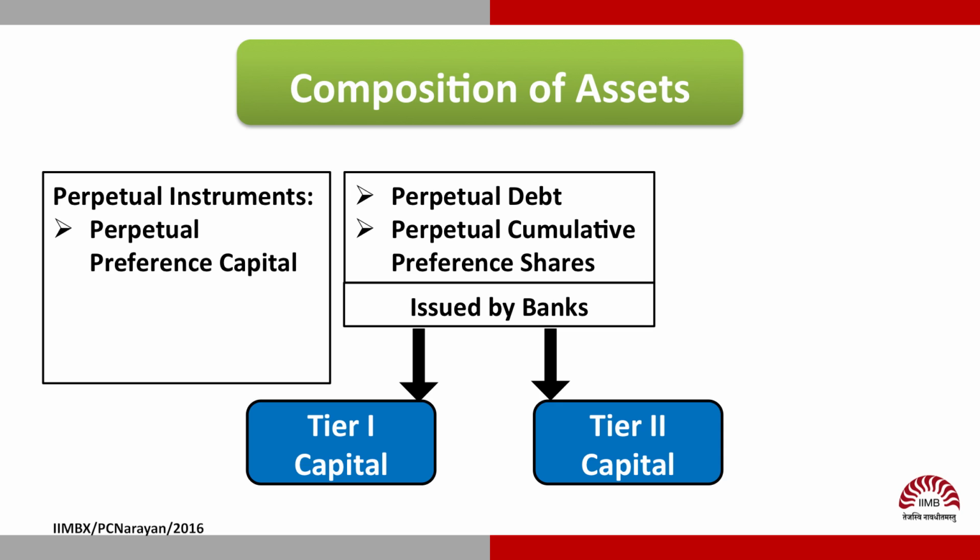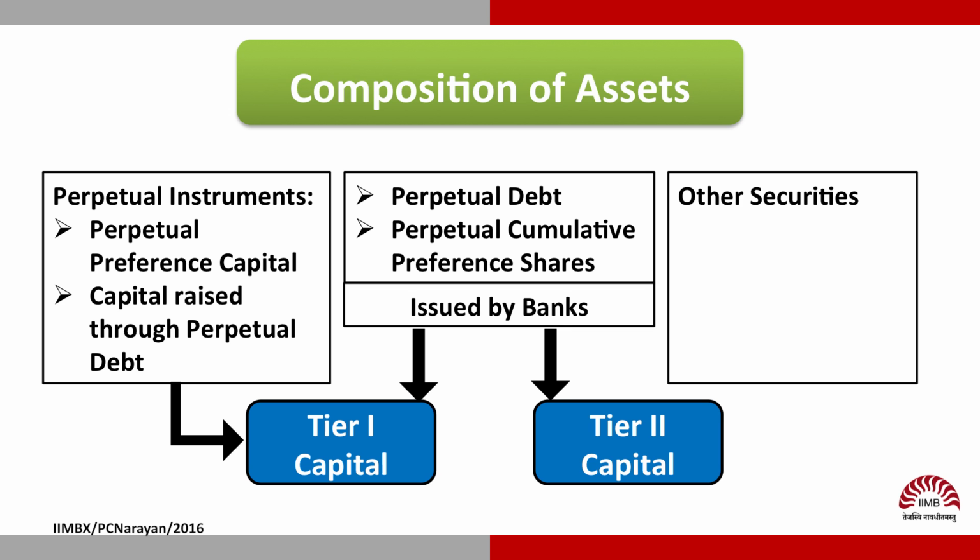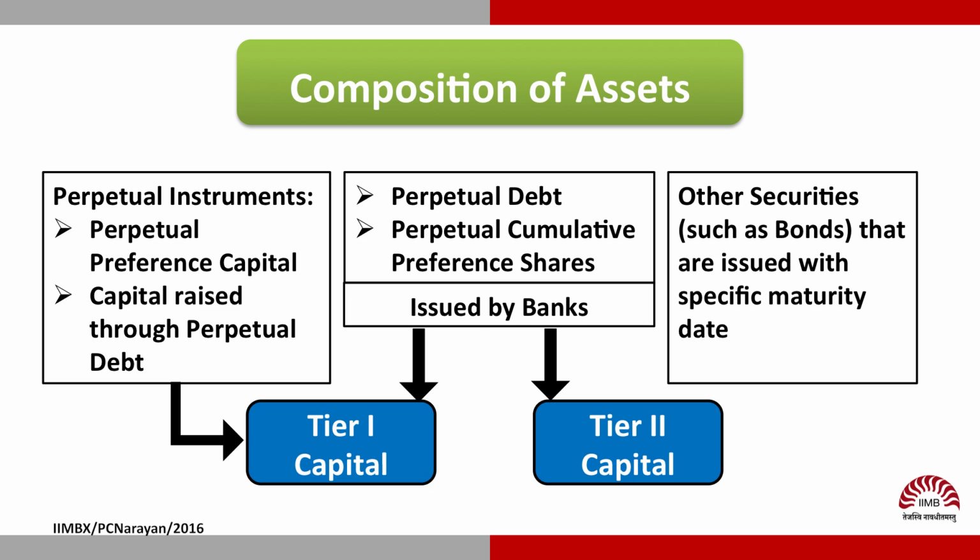Broadly speaking, perpetual instruments, that means instruments with no maturity date, such as perpetual preference capital or capital raised through perpetual debt, can be included in Tier 1 capital. Other securities such as bonds that are issued with a specific maturity date and are long term in nature can be included in Tier 2 capital.